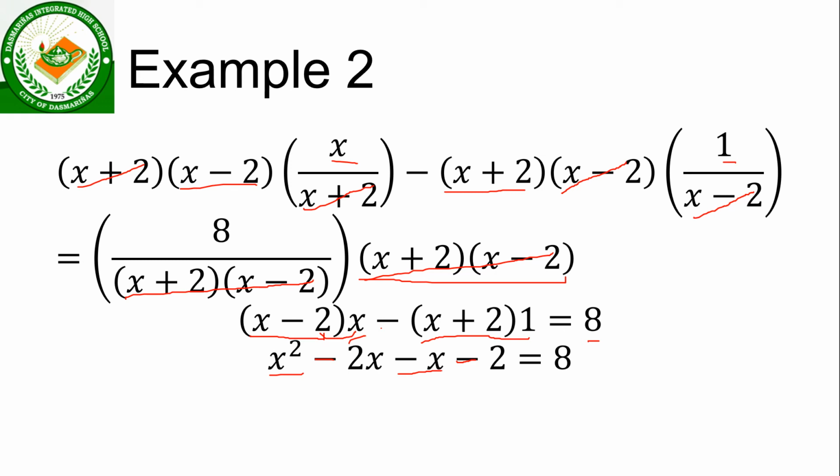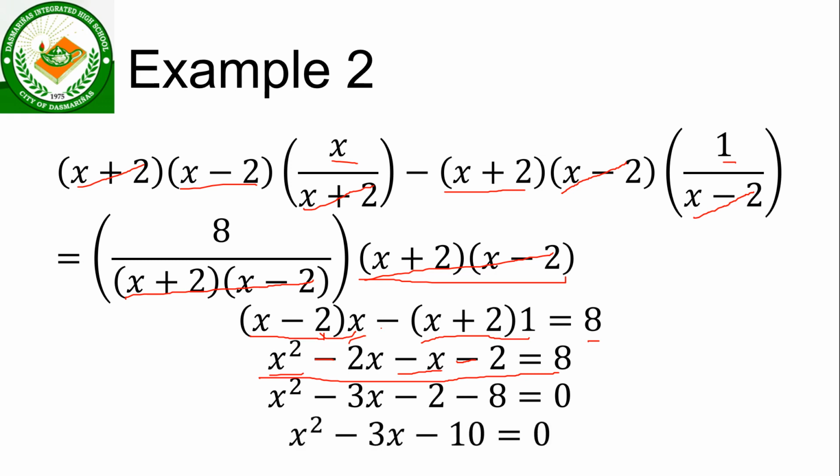And then simplifying this by algebraic manipulation, negative 2x minus x will give us negative 3x. By the addition property of equality, 8 was moved to the left. So we have here negative 2 minus 8. And then simplifying, we have x squared minus 3x minus 10 is equal to 0.